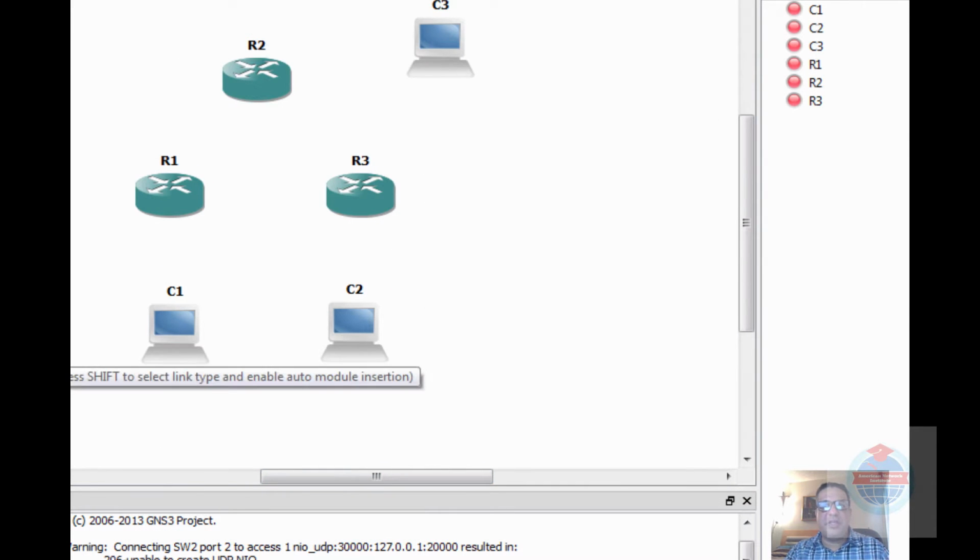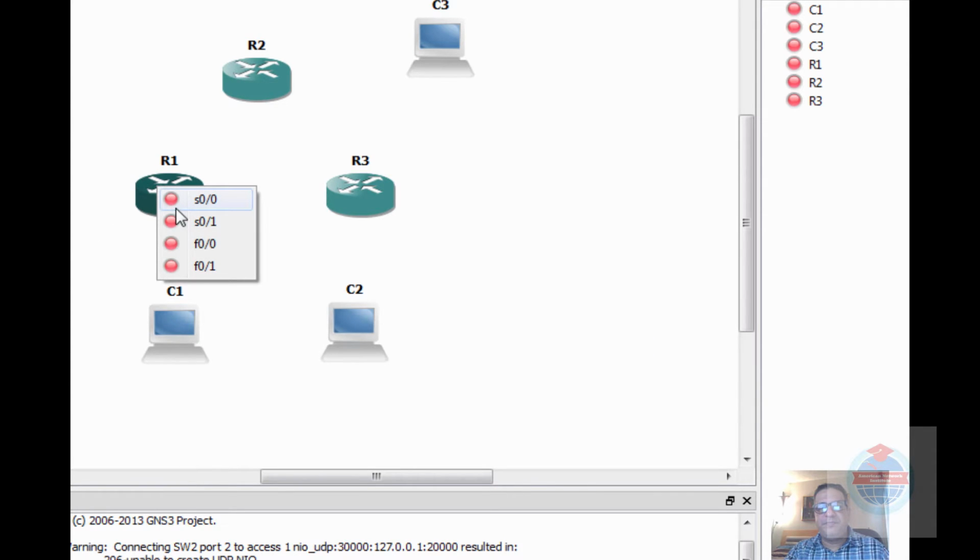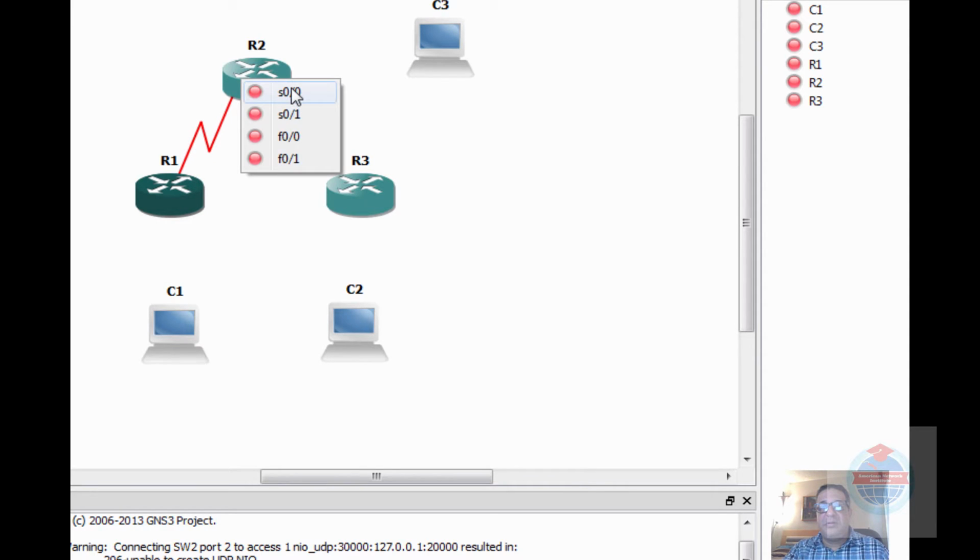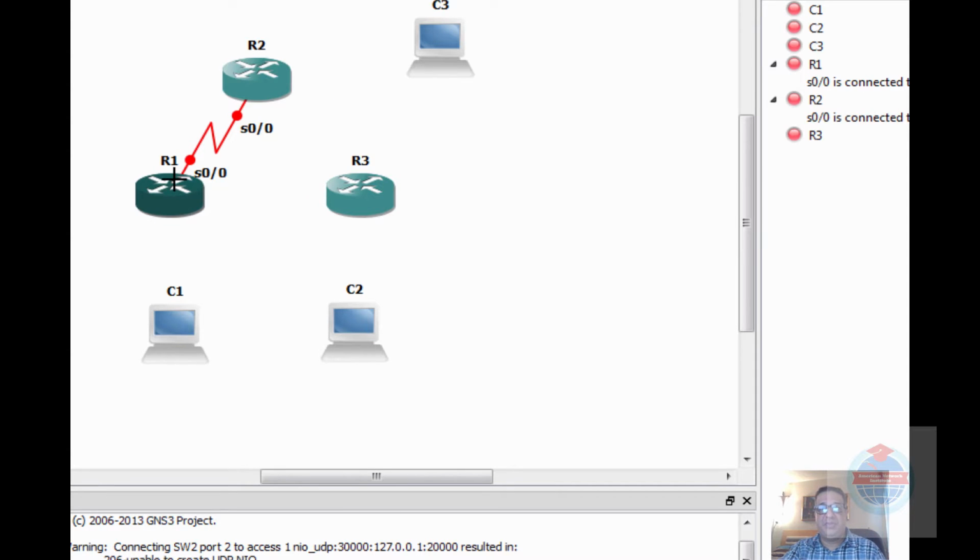So now let's connect the interface that is needed. Boom. S0/0 from here, we're going to put it to S0/0 from R2. From here again, the S0/1 port, serial port, to the S0/0 port of R3.